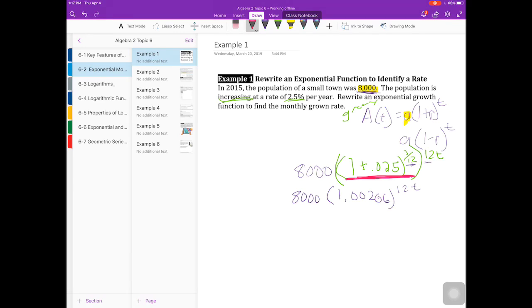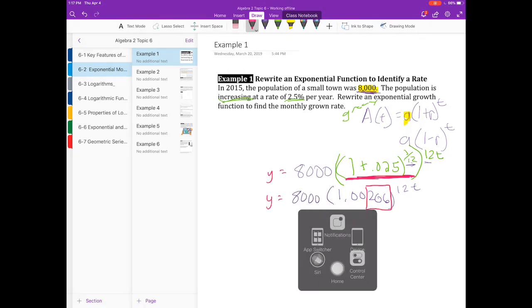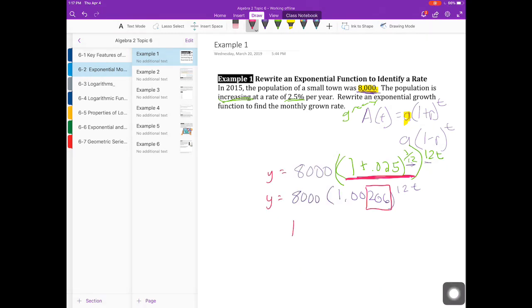Now, we're not actually solving for t, we're looking at that monthly growth rate. So the monthly growth rate is just the part that's after the 1. If we subtract 1 from that 1.00206, we get 0.00206, and then we make that into a percent. So 0.206% is the monthly growth rate.